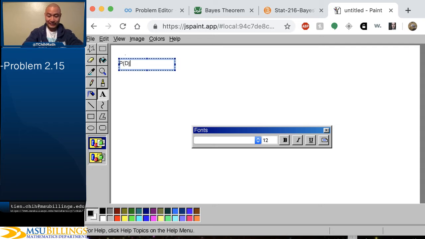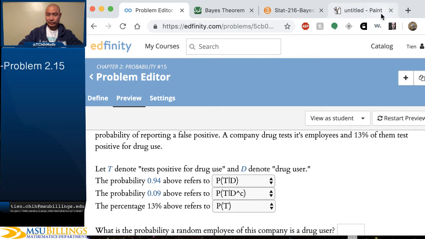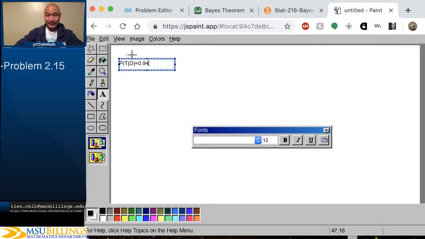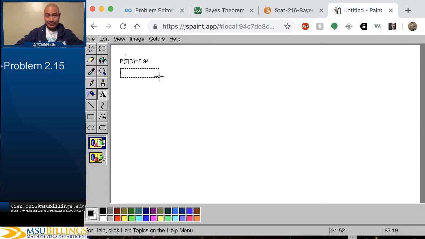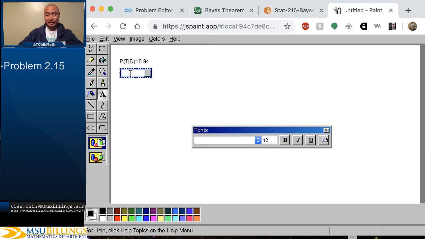So what we're given is P of T given D is 0.94. When you're doing this on your own, I would recommend taking notes about these problems while you work them out.